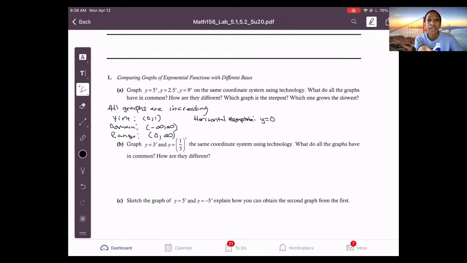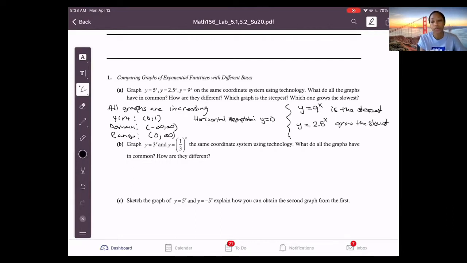And then it's asking which graph is the steepest. The higher the base, the steeper the graph. So y equals 9 to the x is the steepest, and y equals 2.5 to the x grows the slowest.